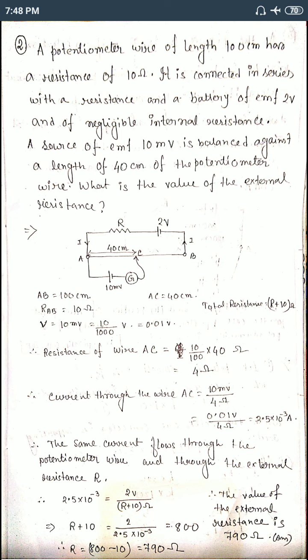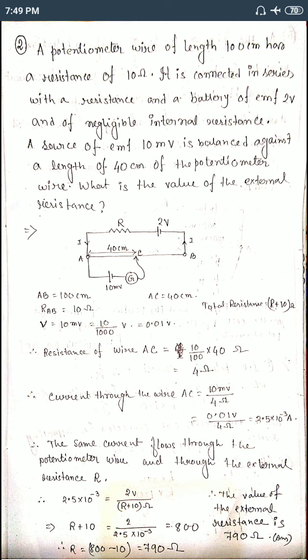The current through the wire AC equals 10 by 4 ohm. In place of millivolt, we can write 0.01 volt divided by 4 ohm. We get 2.5 into 10 to the power minus 3 ampere. And this current will be the same through the potentiometer wire AB and through the external resistance R also.